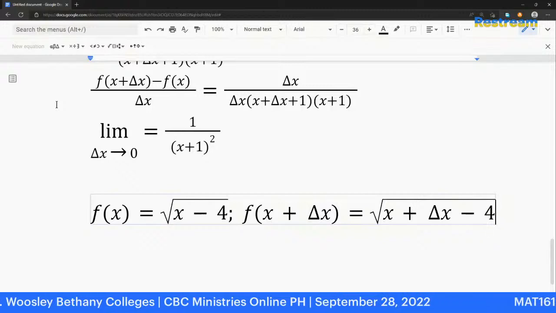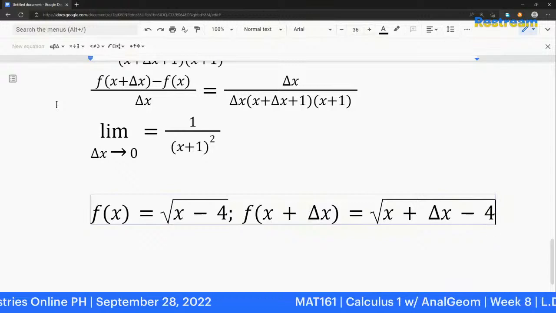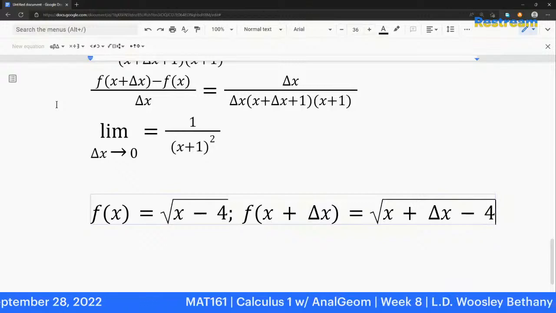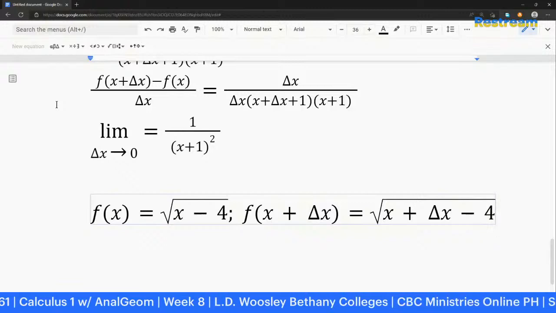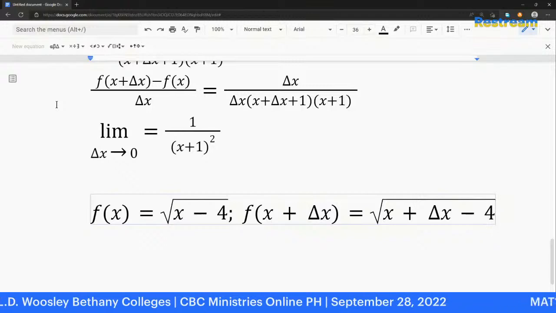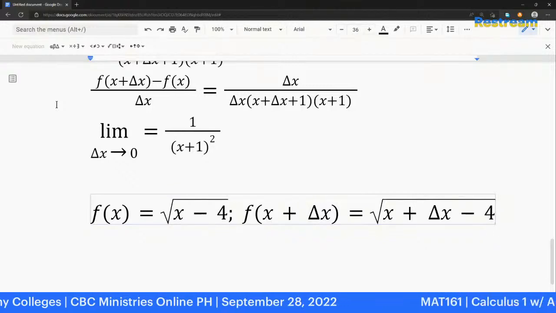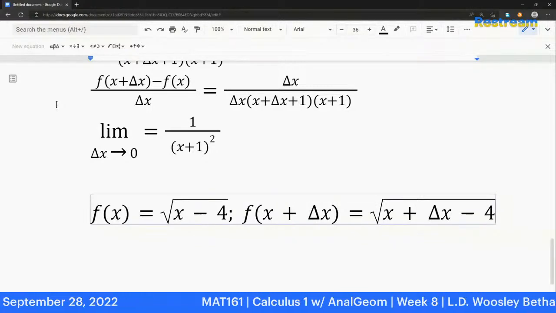Again, let me repeat. Most of the time, we rationalize the denominator, meaning we eradicate the radical sign in the denominator. But for this case, you need to rationalize the numerator. Okay? Take it from my tongue, numerator. Rationalizing numerator. That's the key for answering this problem.